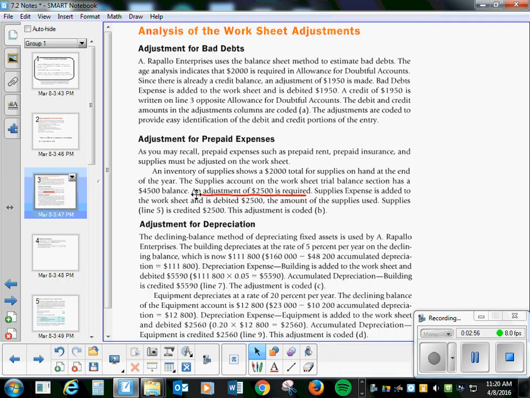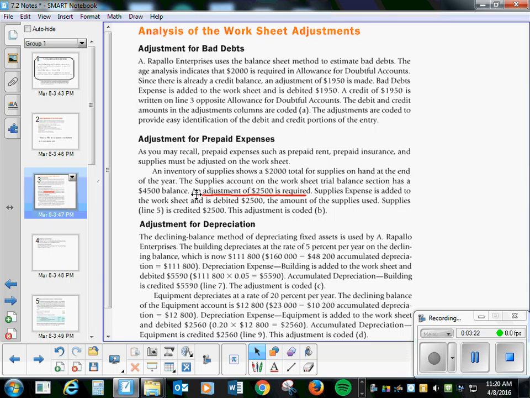Adjustments for depreciation. The declining balance method of depreciating fixed assets is used by A. Rapello Enterprises. The building depreciates at a rate of 5% per year on the declining balance, which is now $111,800. $160,000 minus $48,200 accumulated depreciation equals $111,800.